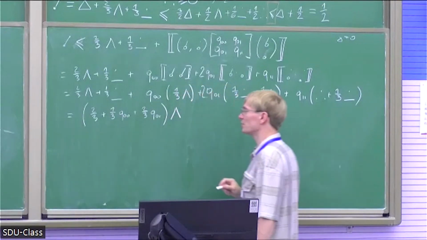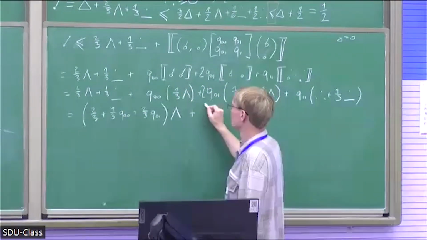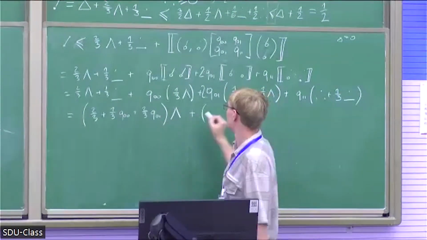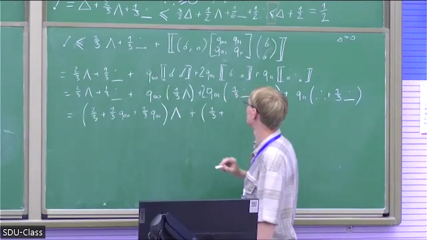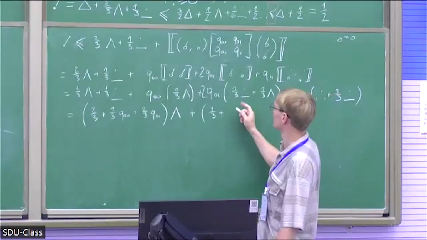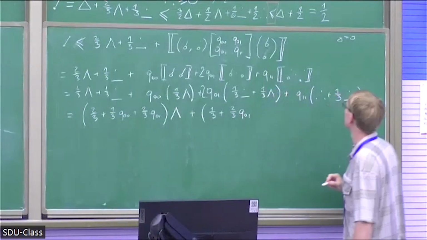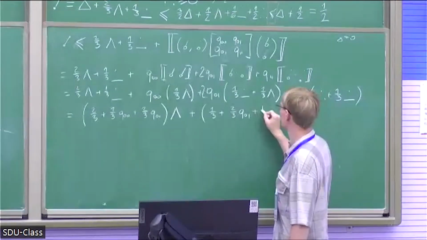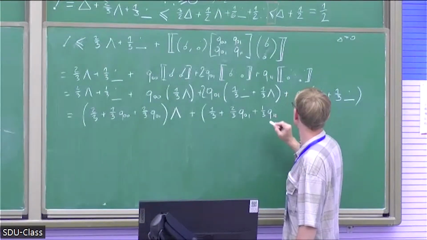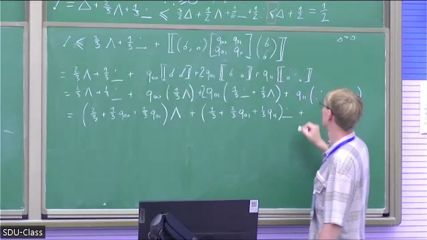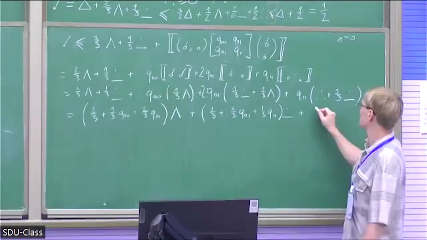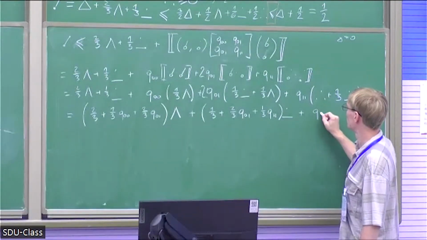This is by cherry. This is 1/3 plus 2/3 this guy and 1/3 of this guy. And the remaining is just 2, 1, 1.